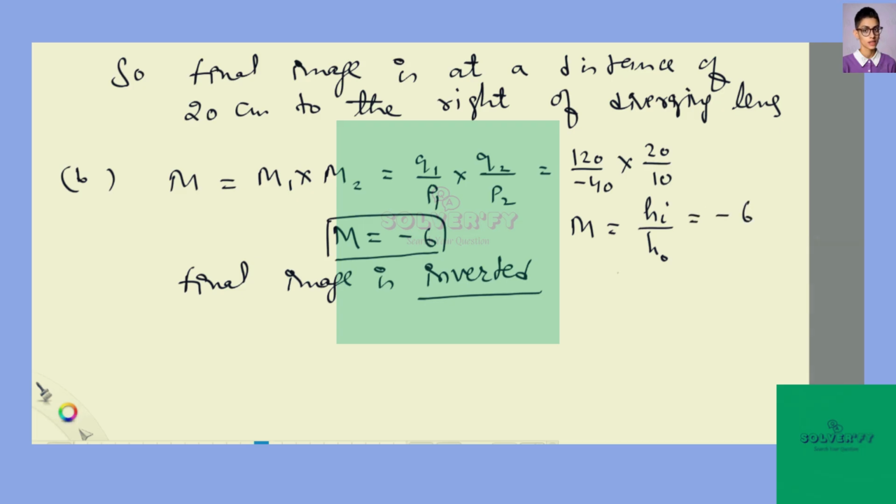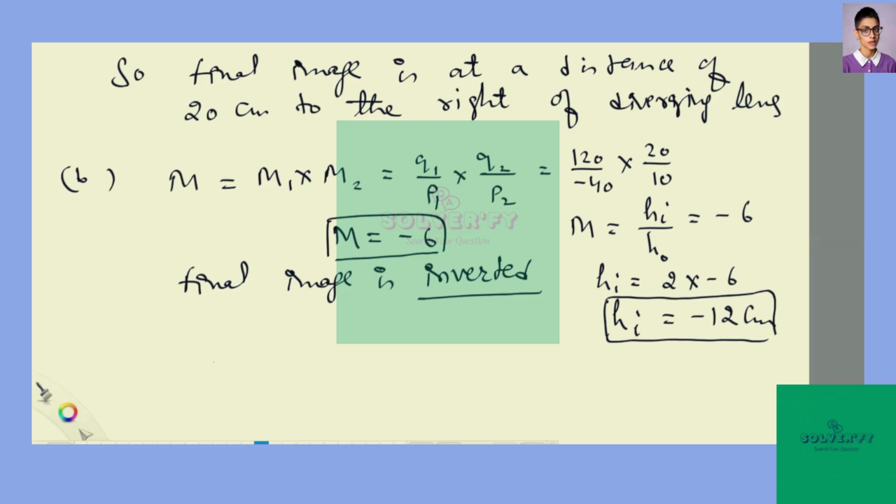So the height of the image will be HO, which was 2 centimeter, multiplied by minus 6. So HI, the height of the image, will be minus 12 centimeter. Here the negative sign is showing that the final image is inverted. So this is the answer for the third part of the problem.